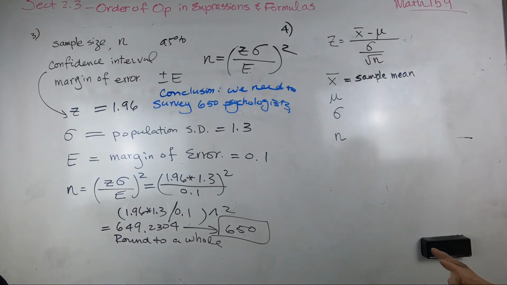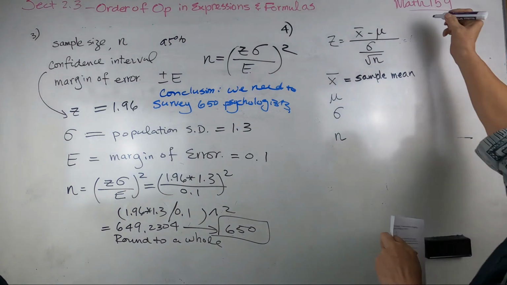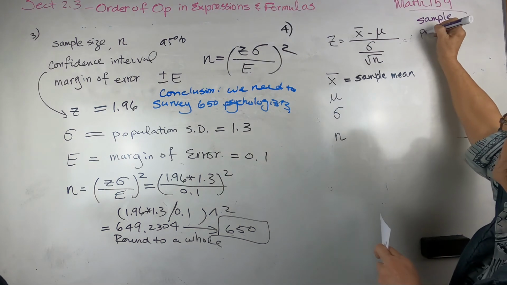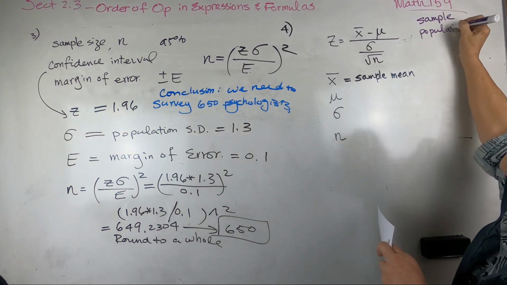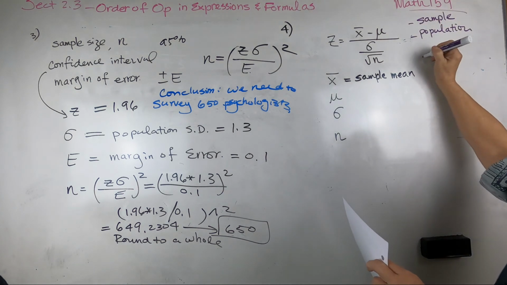So you have two things: one is the sample, one is the population. Later on you will understand the difference between the sample and the population. Two things you will see, one called sample and one called population.